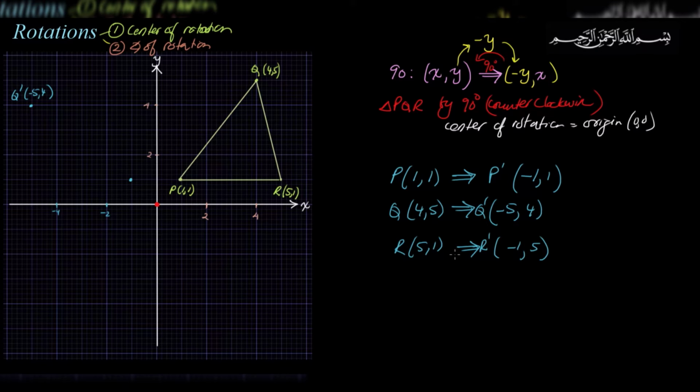And then R is -1 and 5 over here. So here's -1 and 5, and that's R prime. Then I can connect these 3 points to get the new triangle, the image from the pre-image that we have. So here we have this.